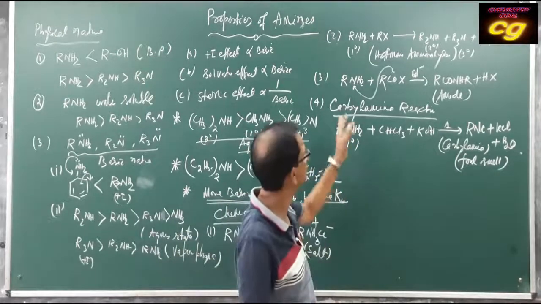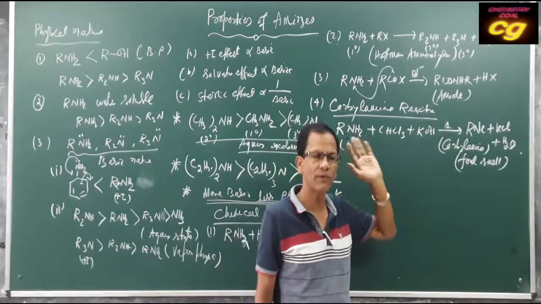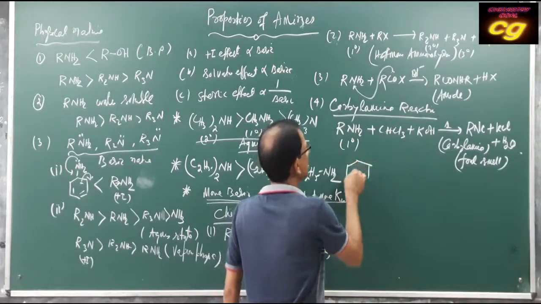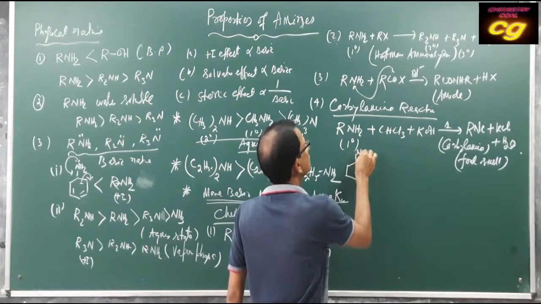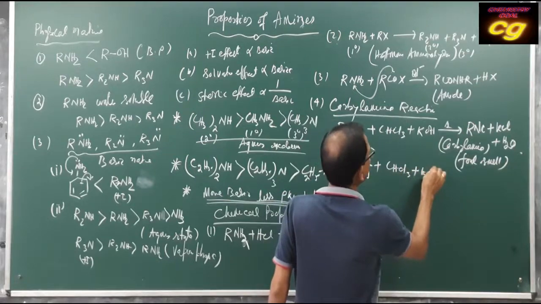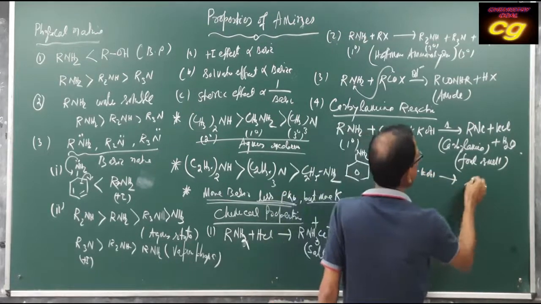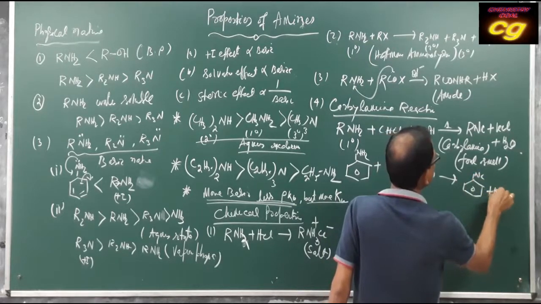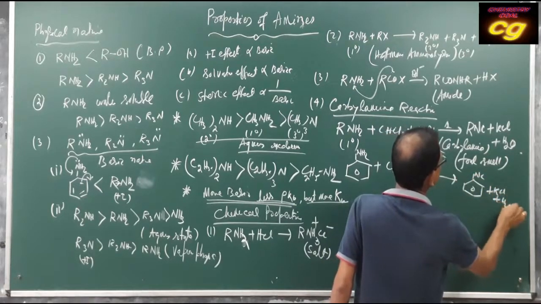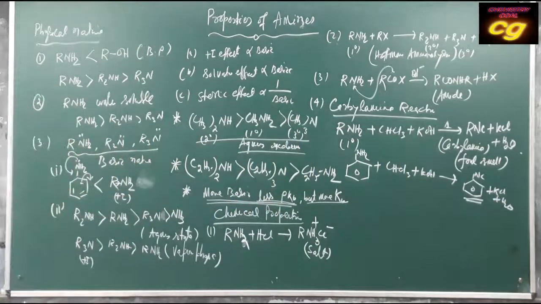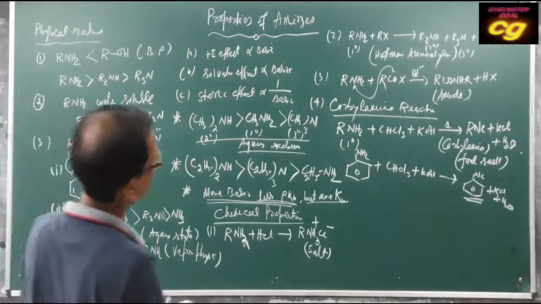Primary amine shows this carbylamine reaction, or aromatic amines also give this reaction: RNH2 plus CHCl3 and KOH produce RNC plus KCl plus water. This also indicates a foul smelling substance, so this indicates the presence of primary amines. So this is the carbylamine reaction.